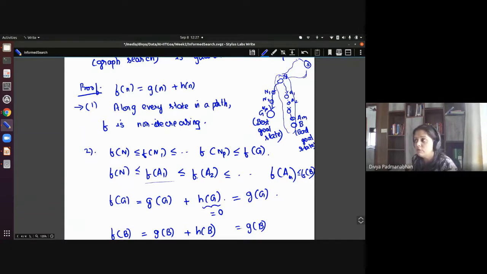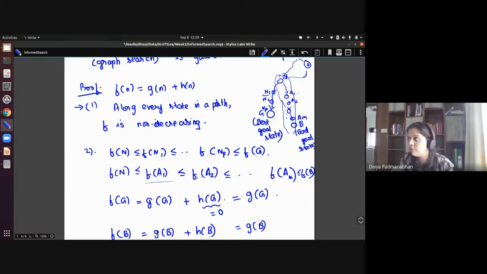So maybe a1 is a lower value in terms of f. Suppose that is the case, and you end up going along this path. Since you were at n at some point, you would have pushed n1 as well as a1 into the queue.